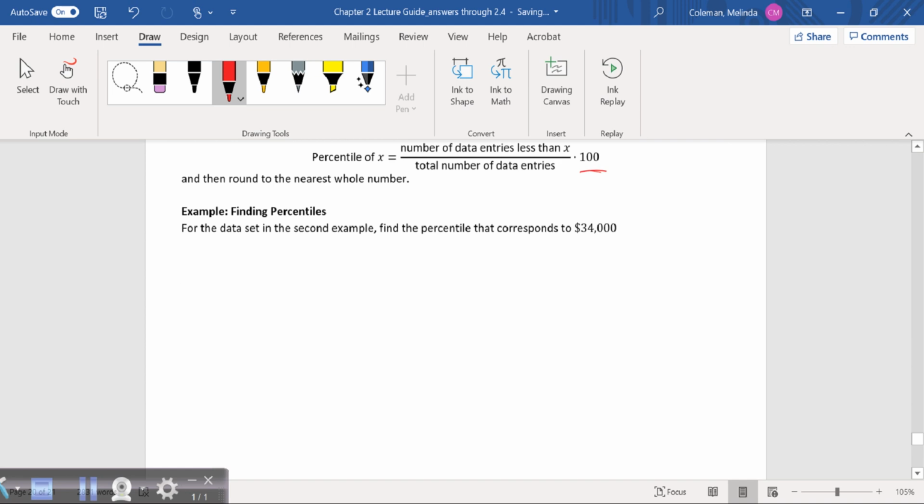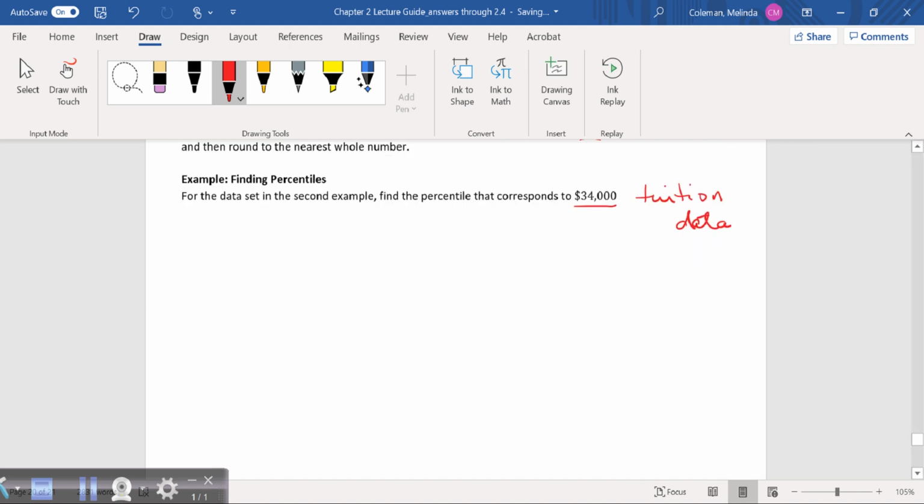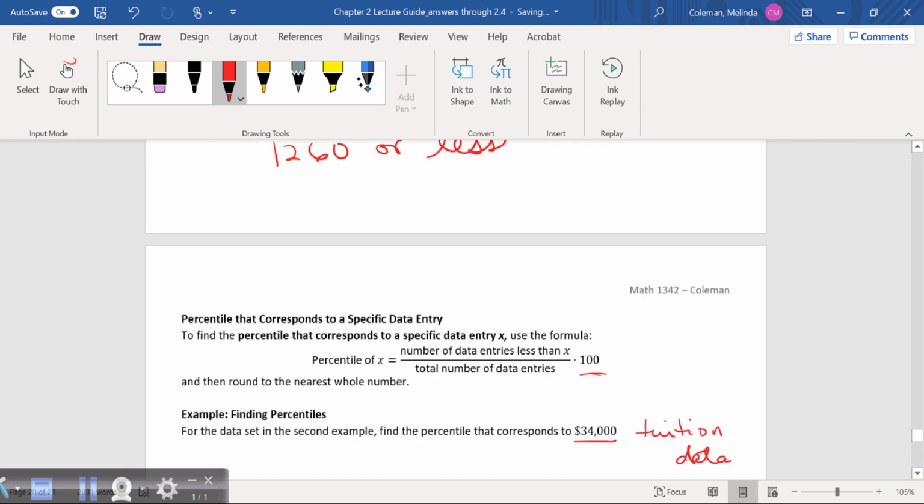So for the data set in the second example, find the percentile that corresponds to 34,000. So this one we're going back to the tuition data. If I look at the tuition data, I will find out how many pieces of data are less than 34,000, and I'm going to divide it by the total number of data. So let's go back up.